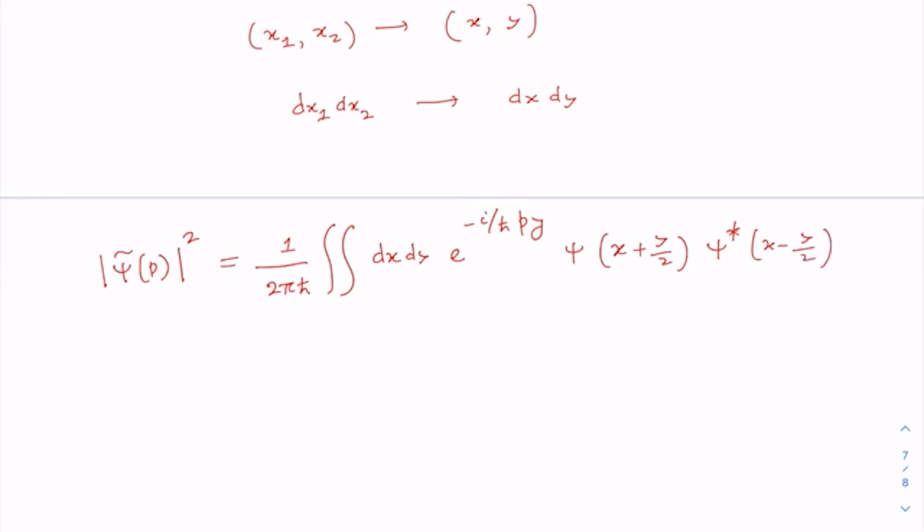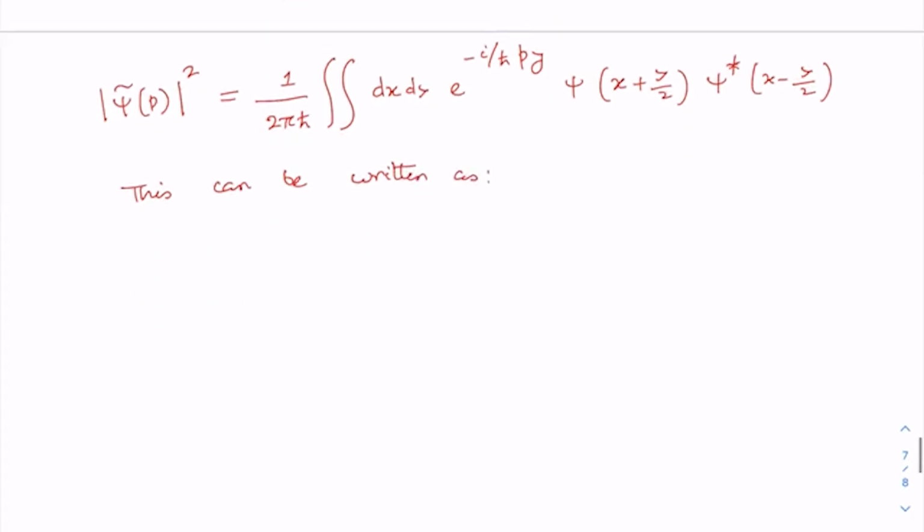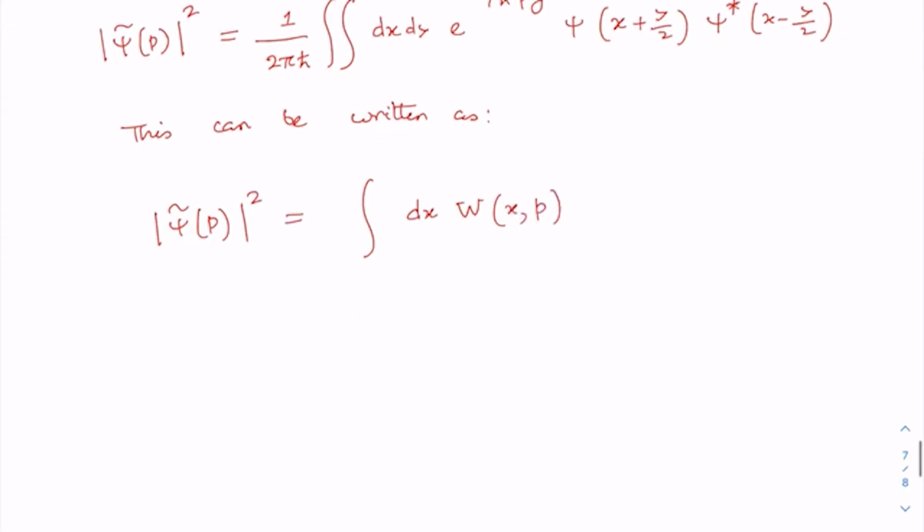Okay, this can actually be written as |ψ̃(p)|² equal to integration dx, and I now define a new function W(x, p), the so-called Wigner distribution function.